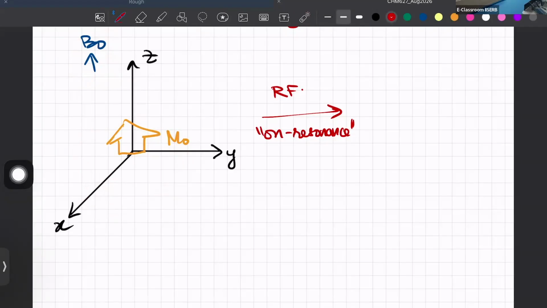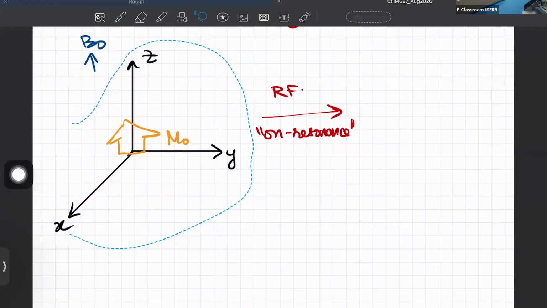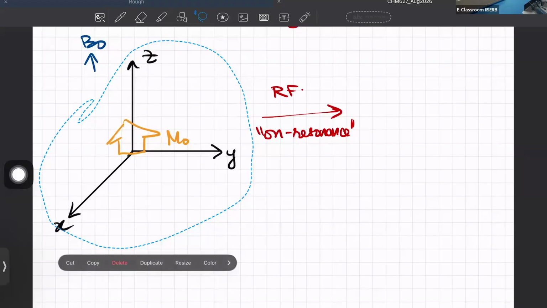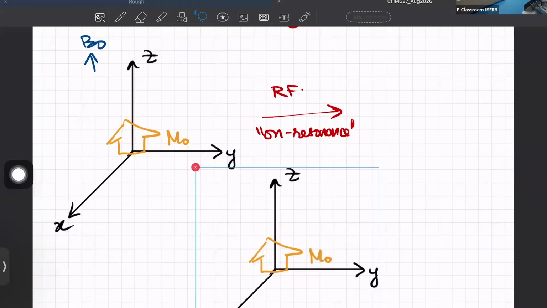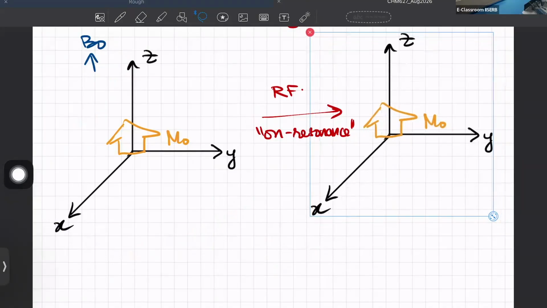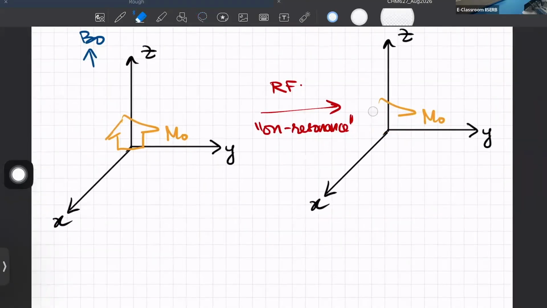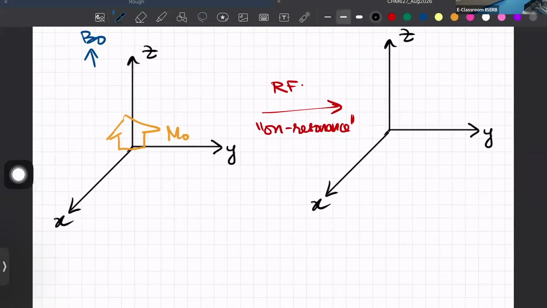And for sake of discussion yet again, let us say that we applied it for a certain duration such that your M naught is perpendicular to where it started.